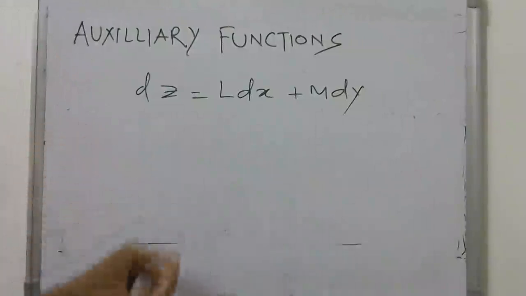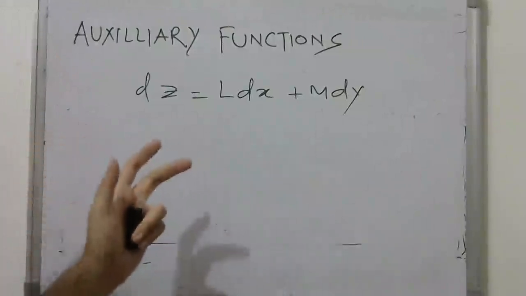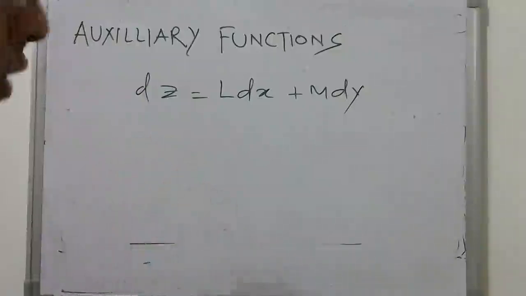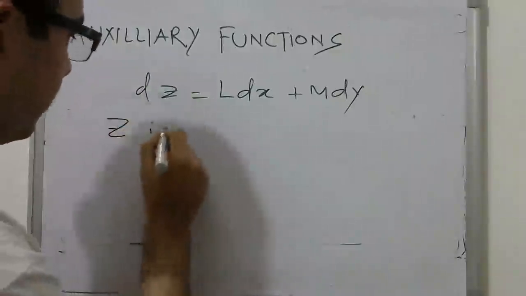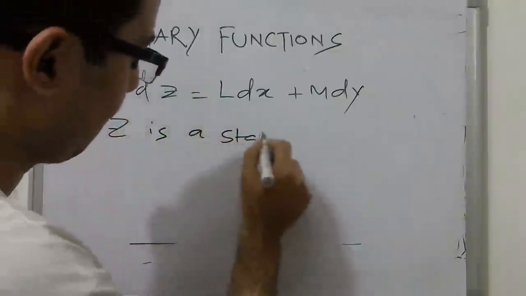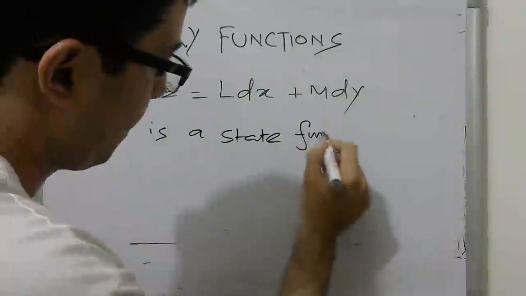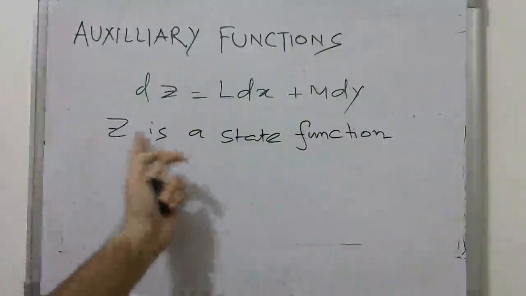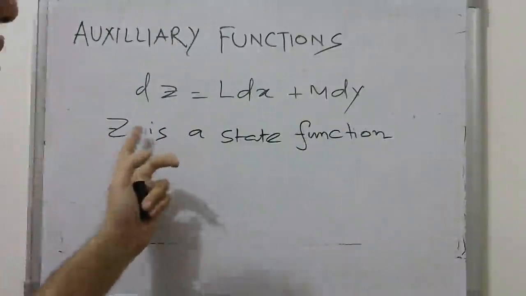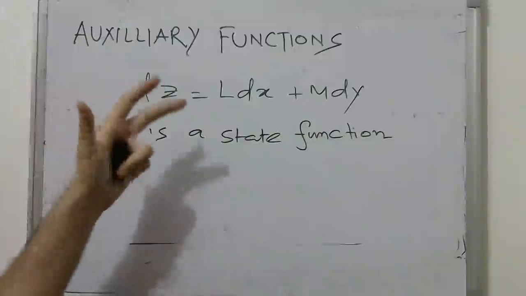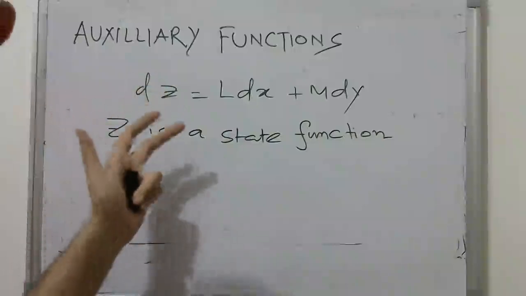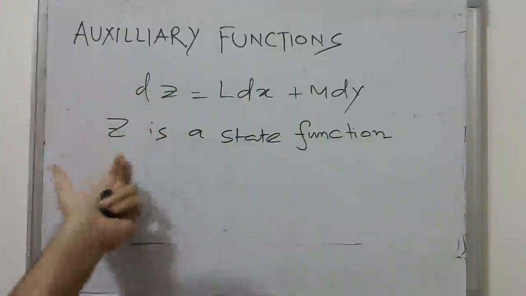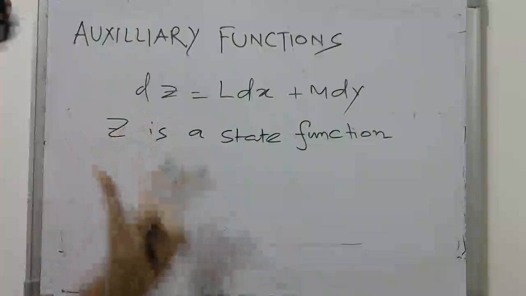Now the important condition: if this holds true, and z is a state function, do remember this, then the double differentiation is independent of the order of differentiation. So change in z is independent of the order of differentiation.